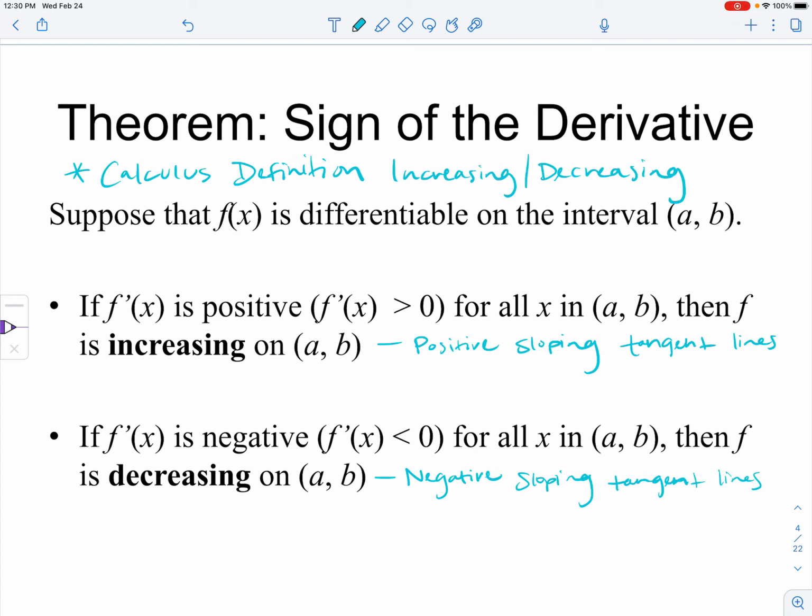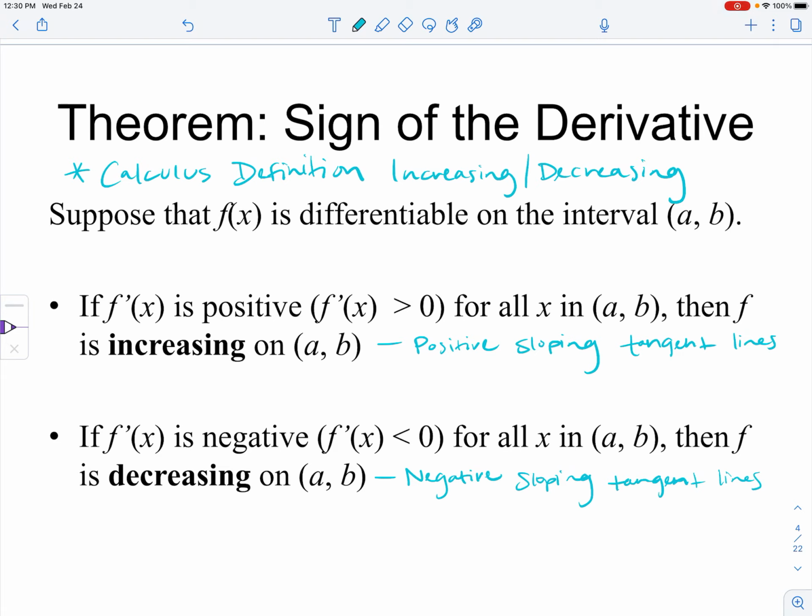Now, what we didn't cover is, well, what if the derivative's equal to 0? And we're going to talk about some of the different cases of what that means. Even if there is a horizontal tangent line, where the derivative is equal to 0, on an open interval, it could still mean that the function is increasing or decreasing.